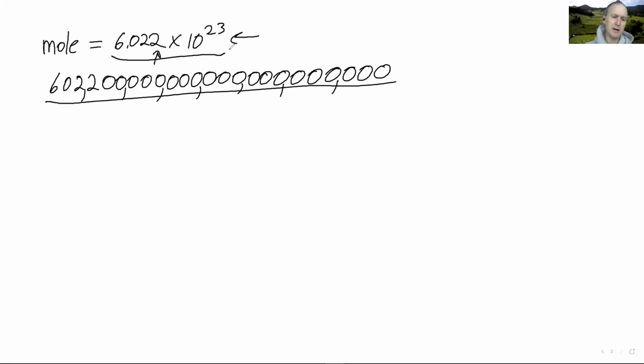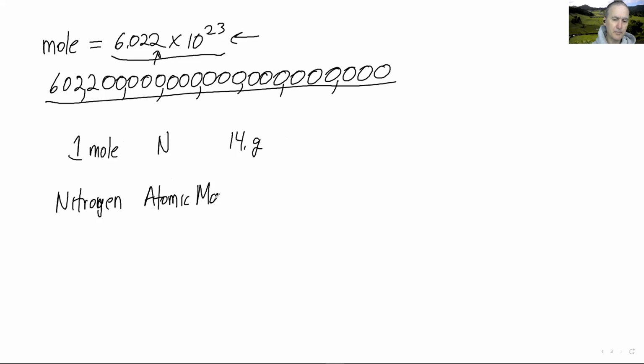So we could talk about 1 mole of nitrogen atoms, N, right? And 1 mole of nitrogen atoms is going to weigh about 14 grams. So we would say that nitrogen's atomic mass is 14 grams per mole.